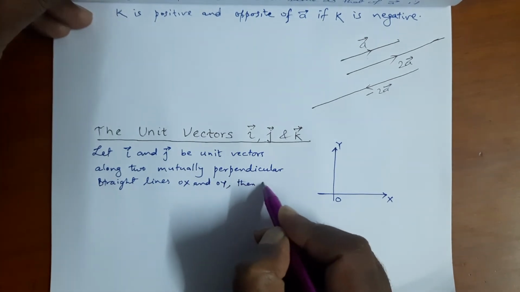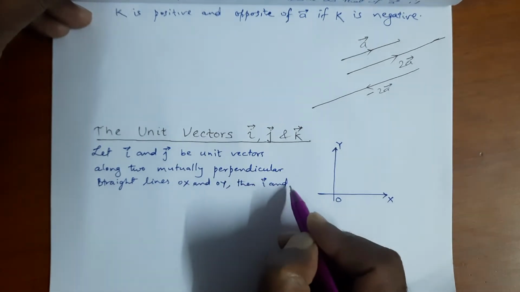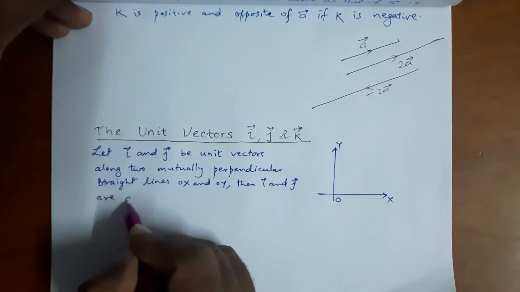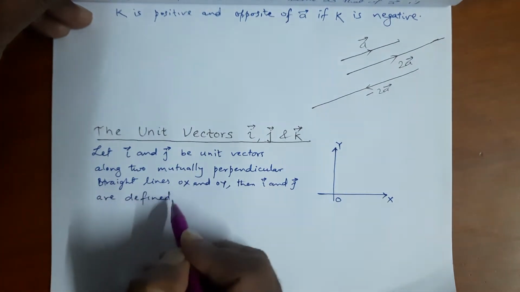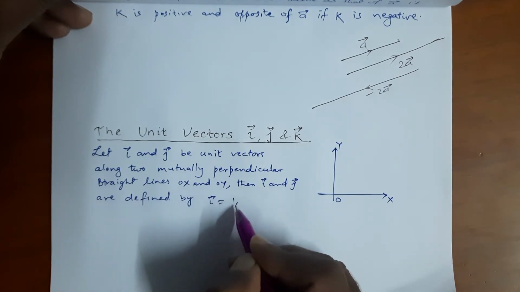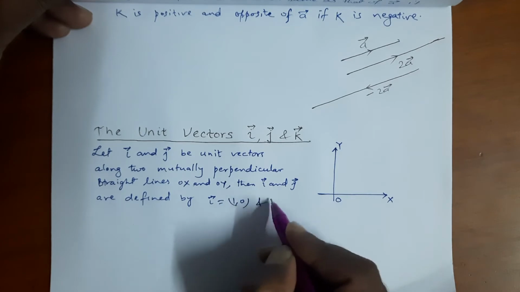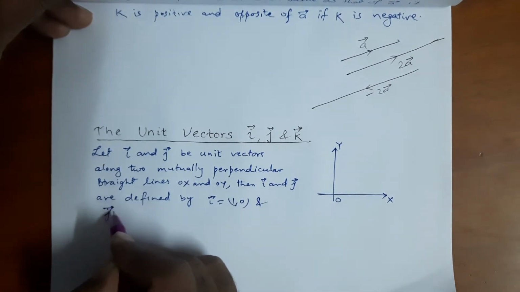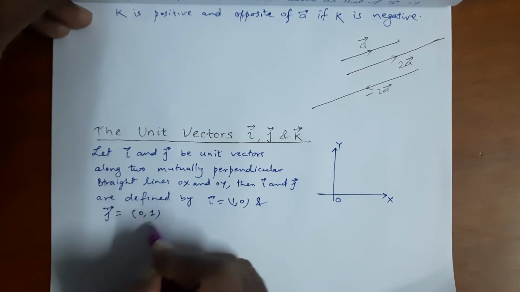Then vector I and vector J are defined by vector I equals (1, 0) and vector J equals (0, 1).